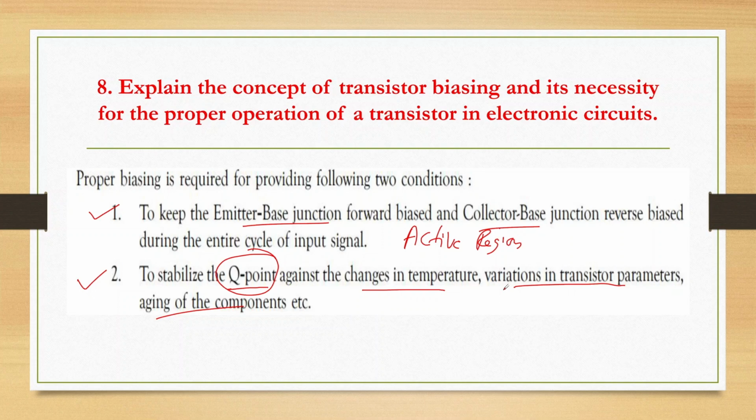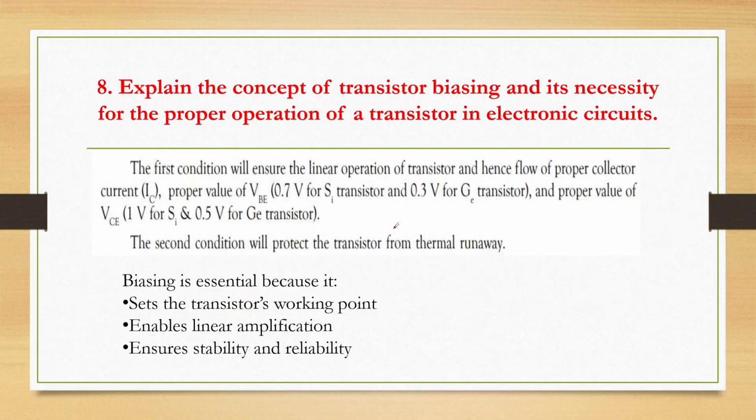So to stabilize the Q point and to keep these junctions forward and reverse biased, we need transistor biasing.